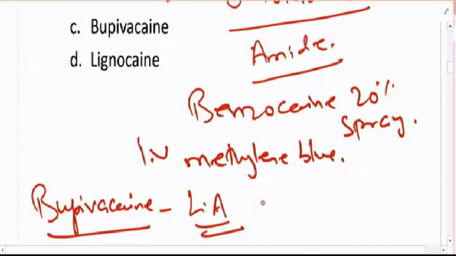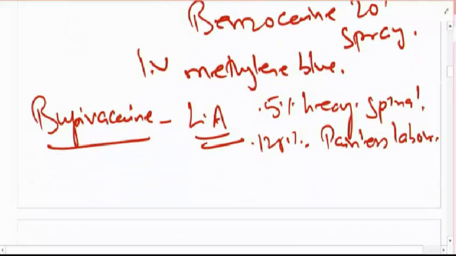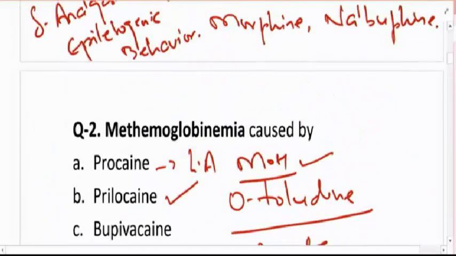Concentrations used are 0.5% heavy for spinal anesthesia and 0.125% for painless labor. Now, the maximum safe dose of bupivacaine is 3 mg per kg body weight with or without adrenaline.